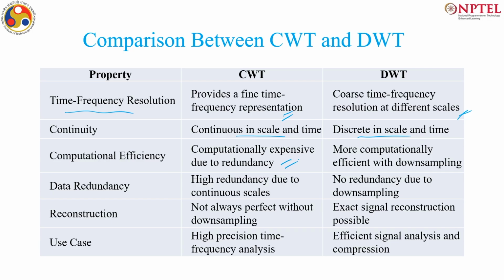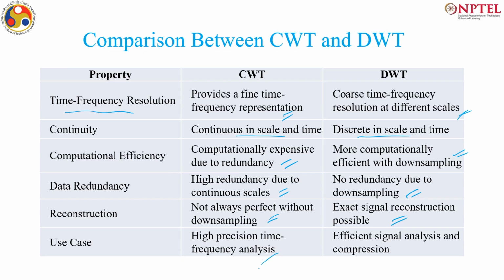And naturally, this will be computationally expensive because of this redundancy, whereas DWT is computationally much more efficient because of using this downsampling. And similarly, for data redundancy, the CWT is highly redundant and DWT is non-redundant, because we are downsampling. So, we are not keeping extra samples which are unnecessary, and reconstruction in CWT may not always be perfect without this downsampling, because we will get unnecessary information, but in DWT exact signal reconstruction is possible.